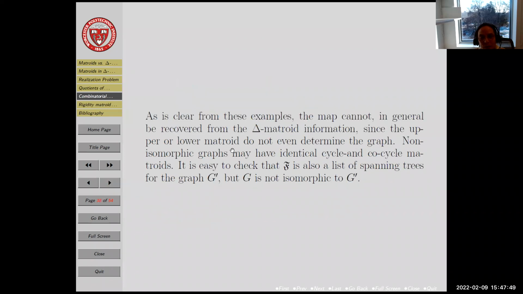So it's clear from these examples that in general, you cannot recover the map from the Delta-matroid information. But in some cases, you actually can recover the map, namely if your graph and the dual graph are connected enough.